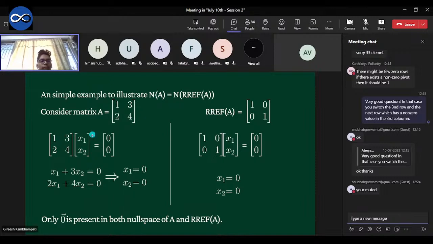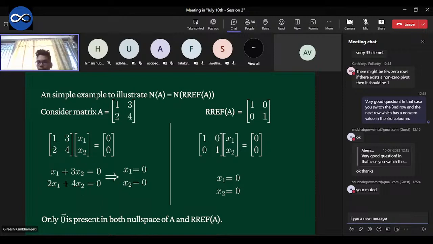Let the vector in the null space of matrix A be x bar, with components x1 and x2. By multiplying, we get these equations: 1 into x1 plus 3 into x2 equal to 0, and 2 into x1 plus 4 into x2 equal to 0.